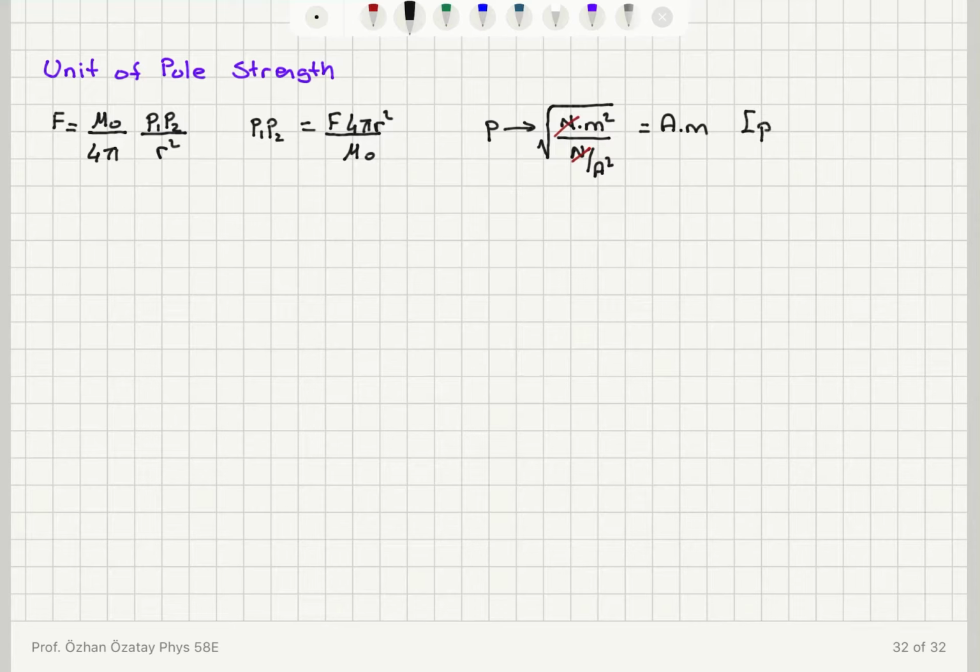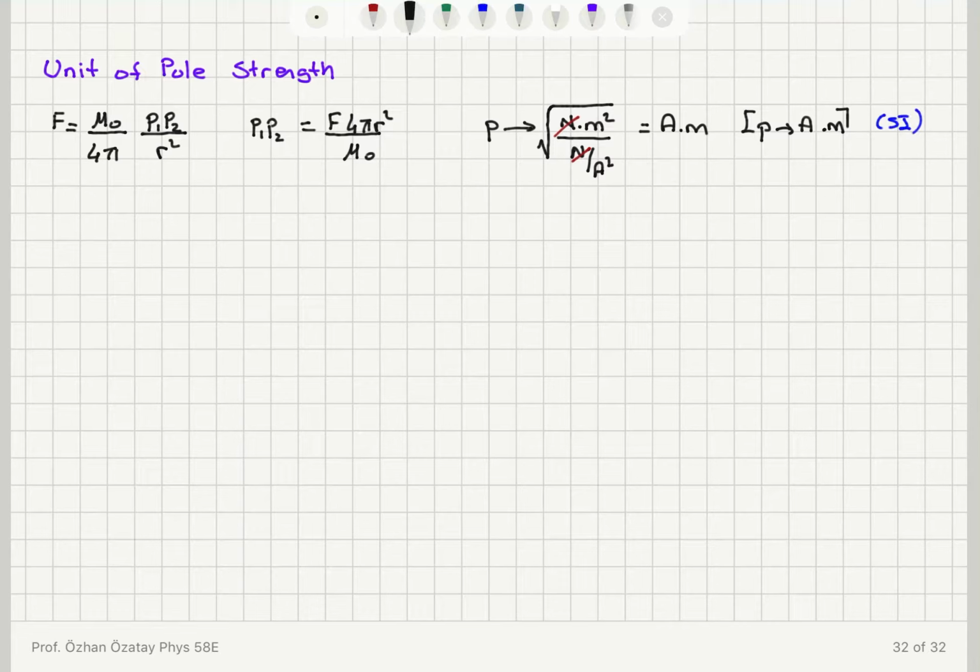So in SI the pole strength is given in ampere times meter. So this is our SI unit.